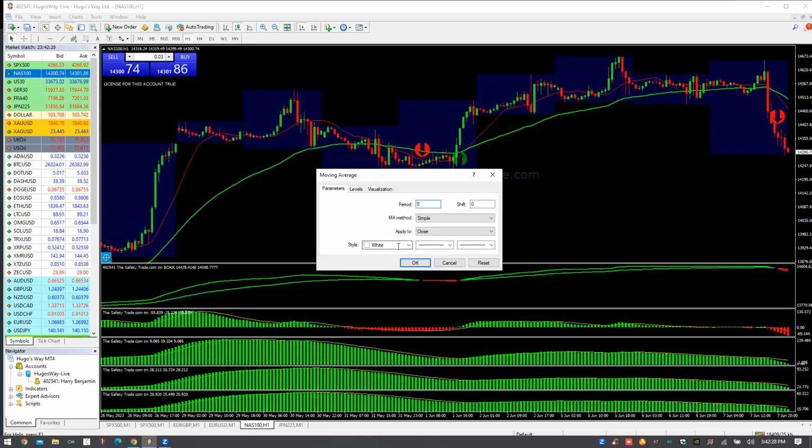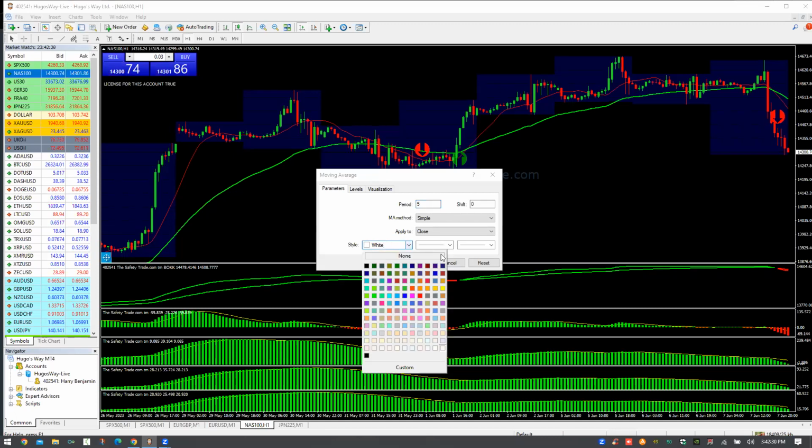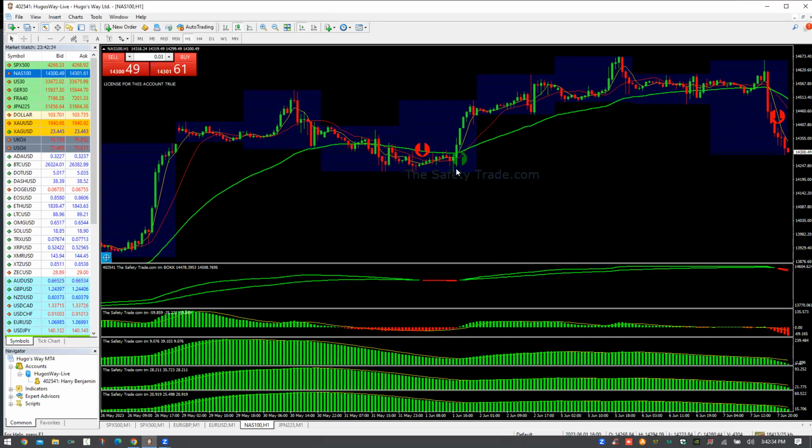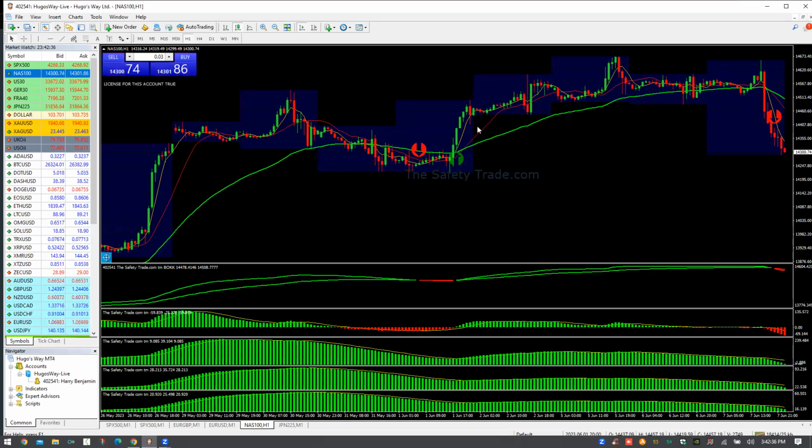So he puts in one at 5, and makes it yellow. When both of these cross over the trade line at almost the same time, then this is a great buy opportunity. Yeah, the 5 and the 14, that's what I learned from him.